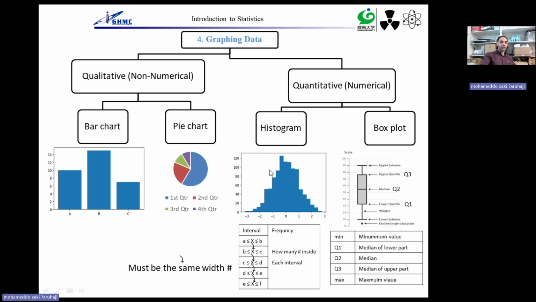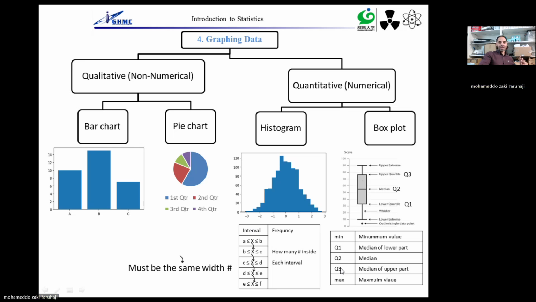In a histogram, we divide the data into 5 groups, and we decide these groups according to what we want. In this box plot, we don't divide into 5 groups. We divide into minimum, maximum, and my Q2 is the median, my Q1 is the lower part, and my Q3 the upper part.